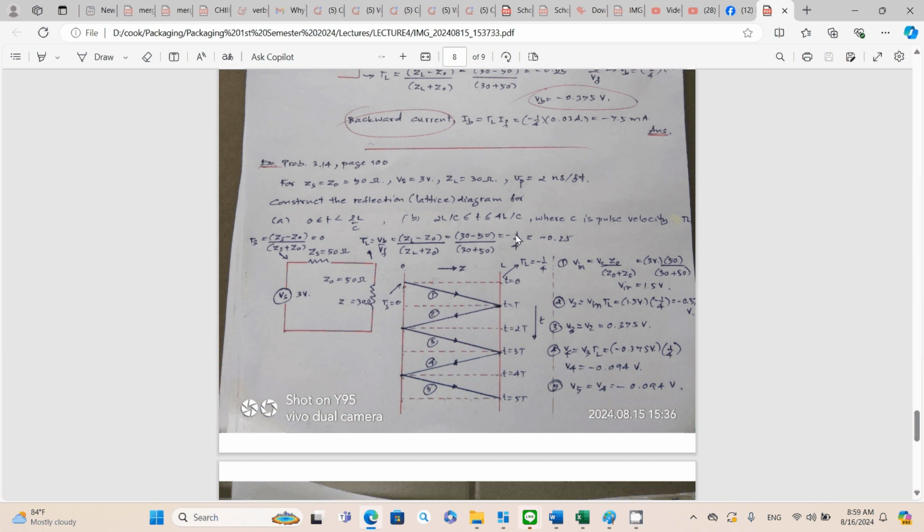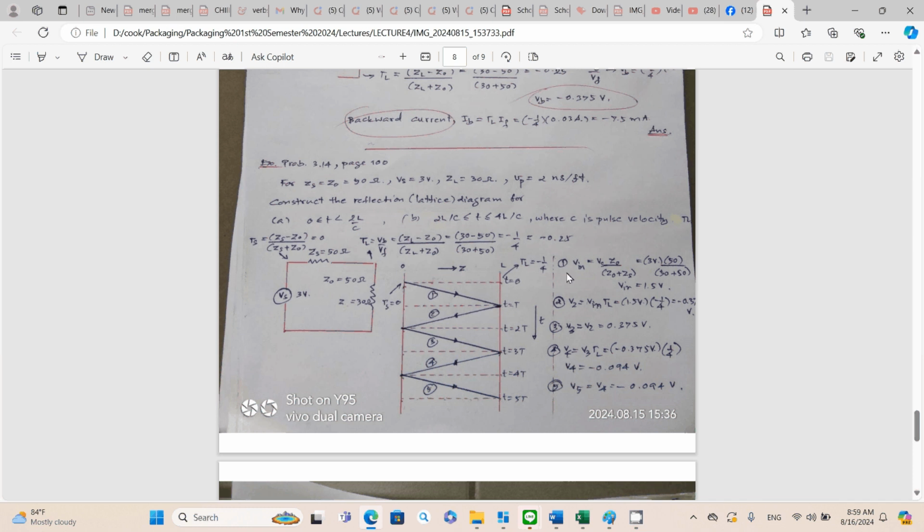You have that equal to negative 1/4. So at this point, I put the numbers 1, 2, 3, 4, 5 just there to be clear, to take a look at what is the total voltage at each arbitrary time.